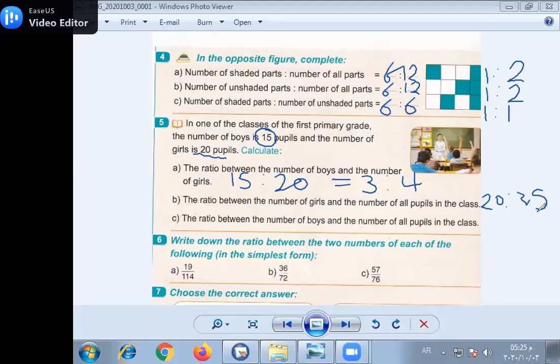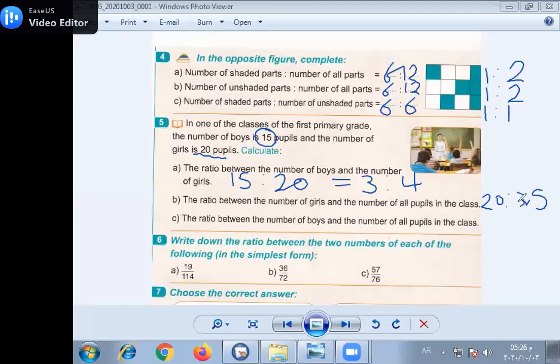Mariuma, go ahead and answer this. What is the simplest form of this ratio? 4 to 5. Why 5? Does 35 divided by 5 equal 5?